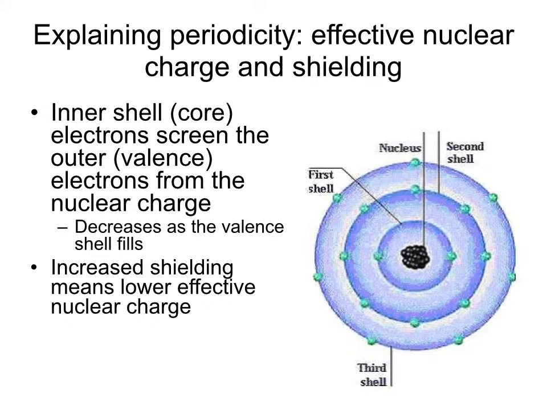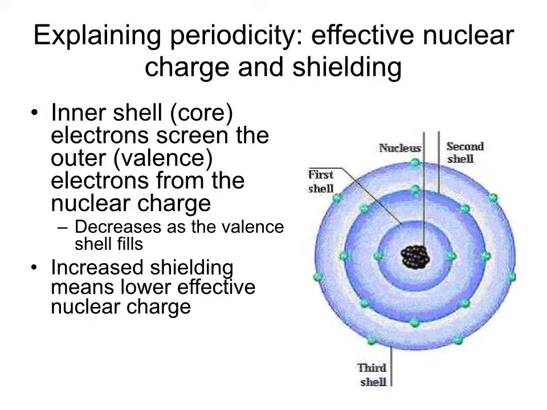We talked a bit in class about effective nuclear charge, and having to use this concept, abbreviated Z with a little eff subscript, to explain the trends that we see in the periodic table.